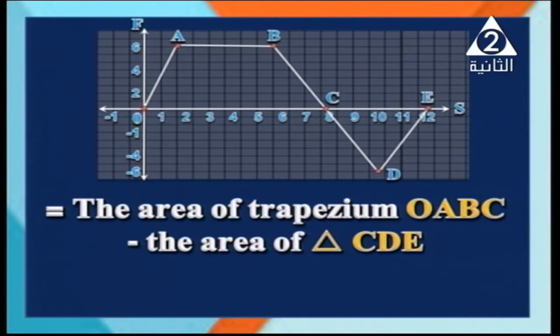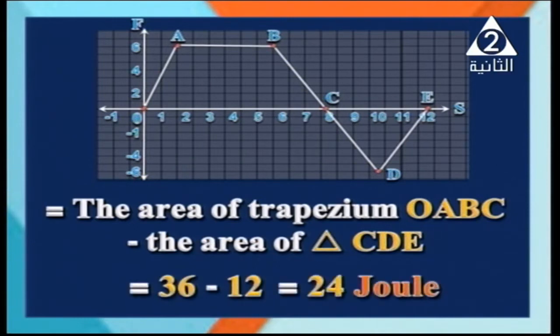In this case, the integration from 0 to 12 is the sum of two areas, but we have one area above and one below, so we subtract the area of the triangle below the S axis from the area above. Therefore, the area of trapezium OABC equals 36, the area of the triangle is 12. Subtract: 36 minus 12 equals 24 joule. This is the work done from S equals 0 to S equals 12.